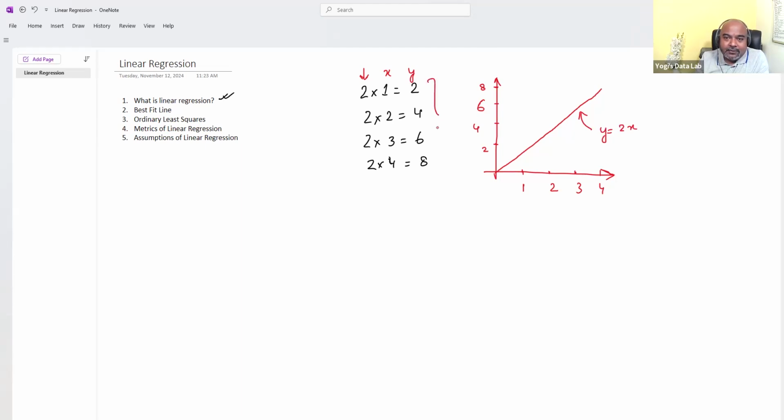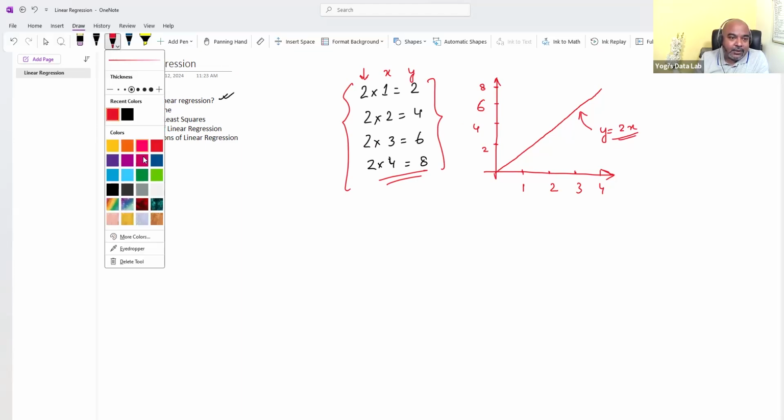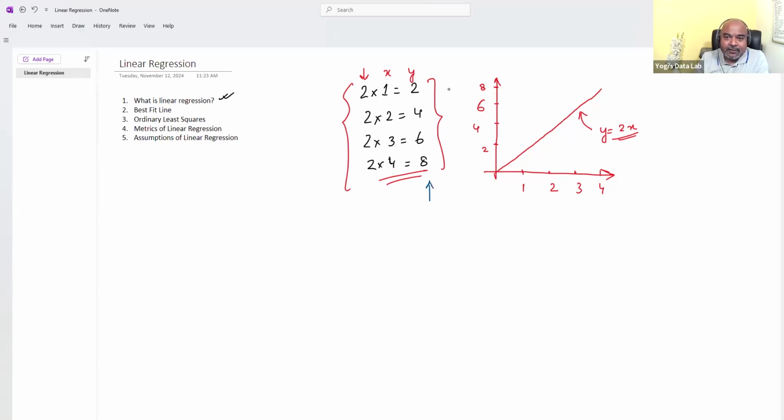So this is the data which was given to me. Looking at this data, I could derive the equation y is equal to 2x. But on the contrary, let us say that instead of 2, 4, 6, and 8, you are given the values 3, 5, 7, and 9.